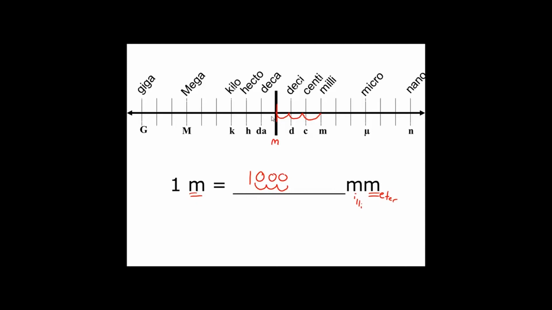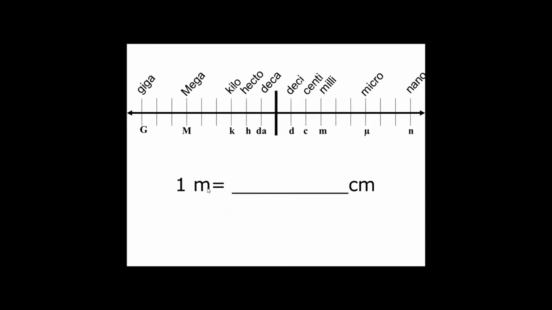You're nothing more than moving a decimal point the same number of places that you're moving something on the number line. And if I want to get technical about this, the prefix milli actually means 1/1000th, meaning 1 meter is the same as 1,000 millimeters.